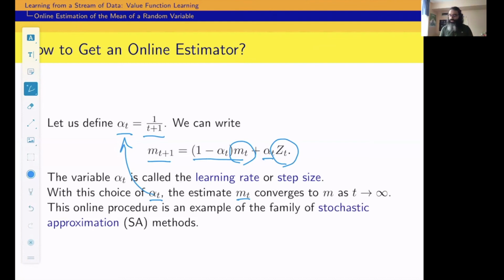This is an example of a stochastic approximation type of algorithm. Any questions so far? Okay, seems to be clear.